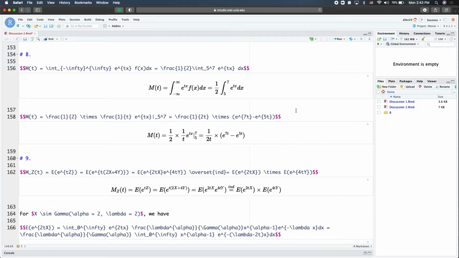When I looked online, sometimes there's a piecewise function that gives a different moment generating function. I didn't think about that, but I think if you leave it in this form, it should be fine.